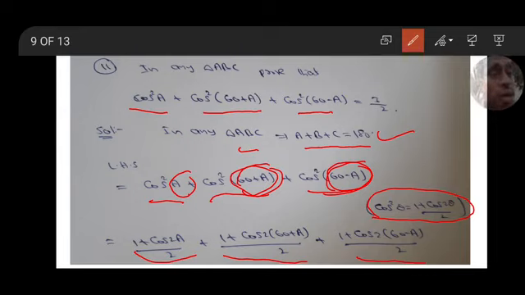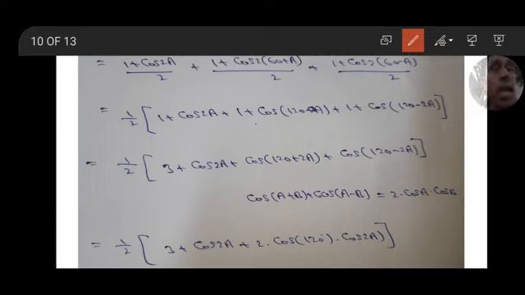In all the terms, 1 by 2, 1 by 2, 1 by 2 is common. 1 plus cos 2a, and here 1 plus cos of 2 into 60, that is 120 plus 2a, plus 1 plus cos of 120 minus 2a.